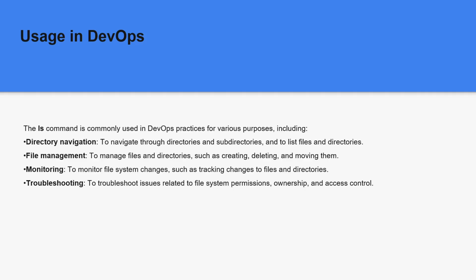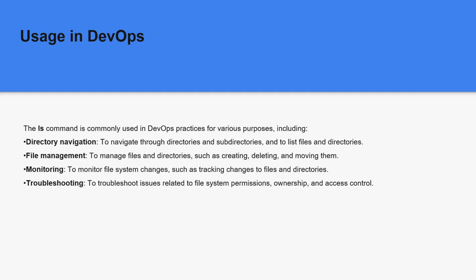The second usage is file management, to manage files and directories such as creating, deleting, and moving them. So we can use it to manage files, which includes creating a file, deleting a file, or moving from one directory to another.